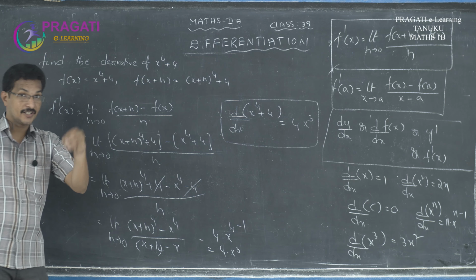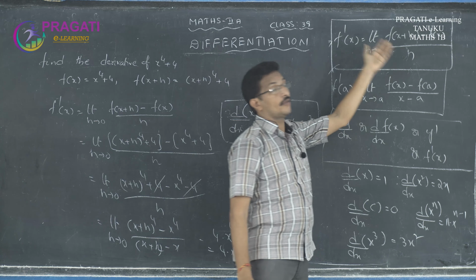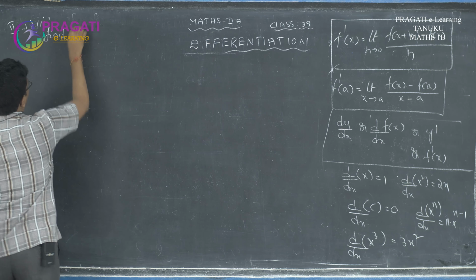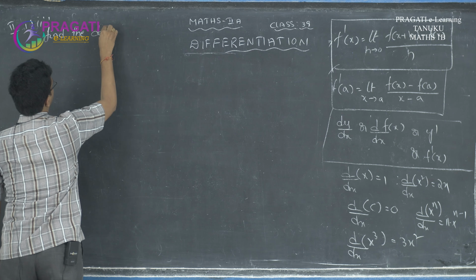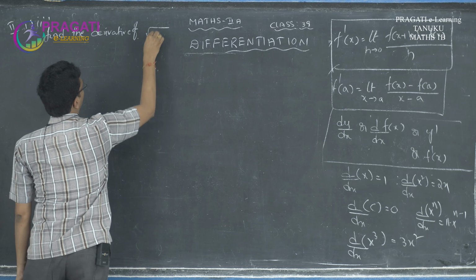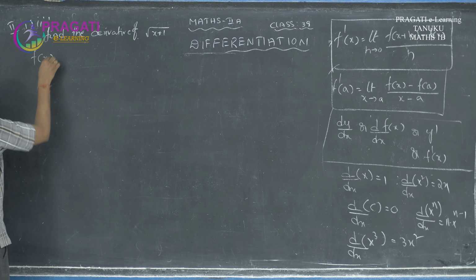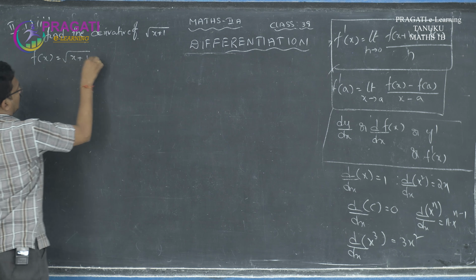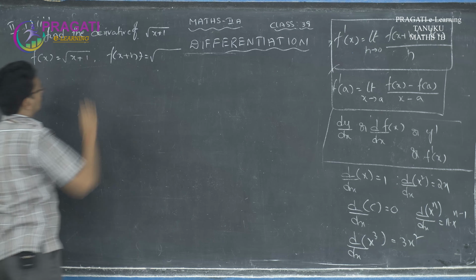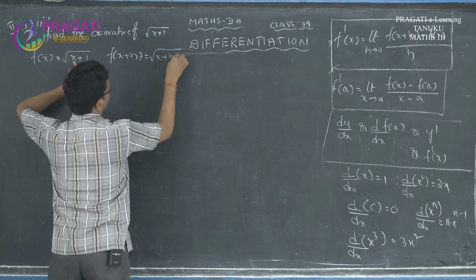Okay, to practice the formula f dash of x is equal to limit h tends to 0, f of x plus h minus f of x by h, one more sum is find the derivative of root of x plus 1. Here f of x equal to root of x plus 1, f of x plus h means square root of, put x as x plus h, then x plus h plus 1.